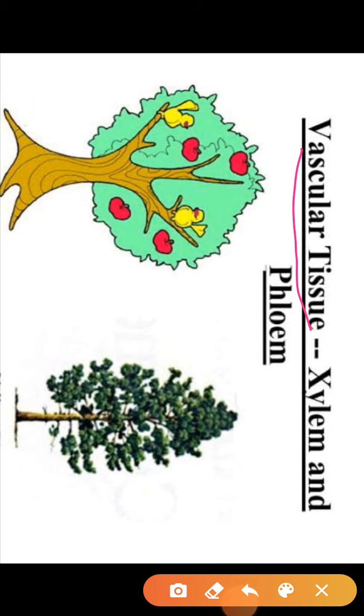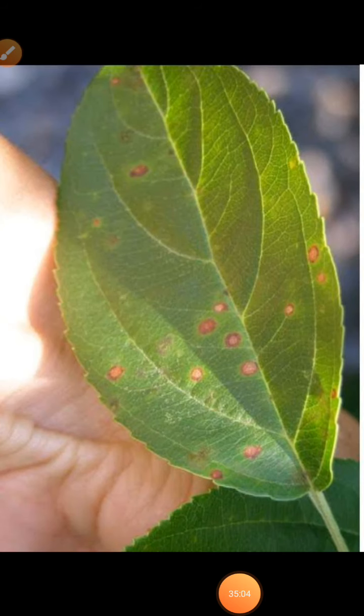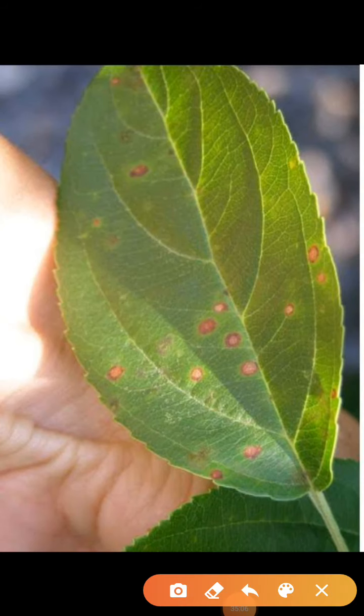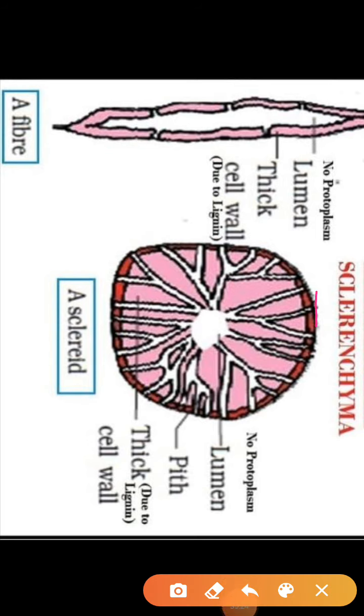Vascular tissues consist of many patches of xylem and phloem. Patches means a part that is different in some way from the area around it. The conjunctive tissue is made up of sclerenchyma.